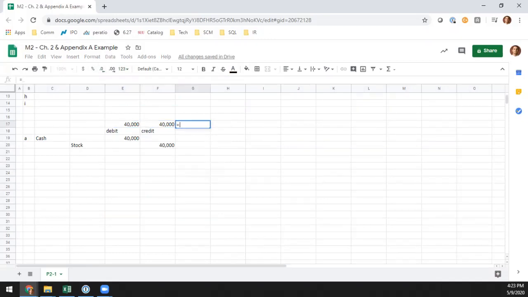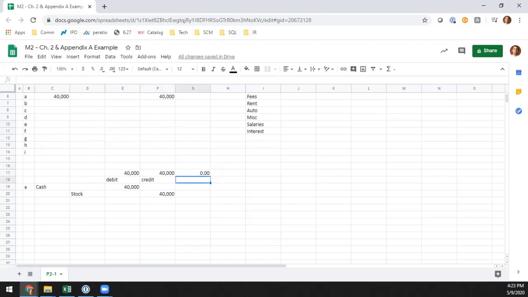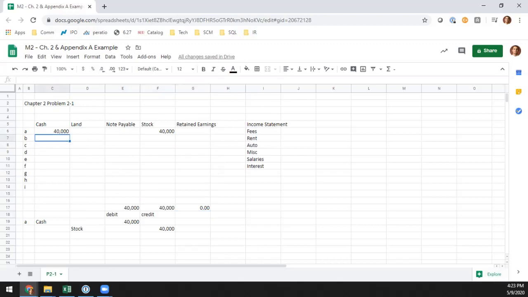So our debits match our credits, which in dual entry accounting is a good thing. Should always add up to 0. Okay, so B, borrowed 30,000 by issuing a note payable. So when we borrowed 30,000, we increased our cash. We issued a note payable, so we also increased our liabilities.